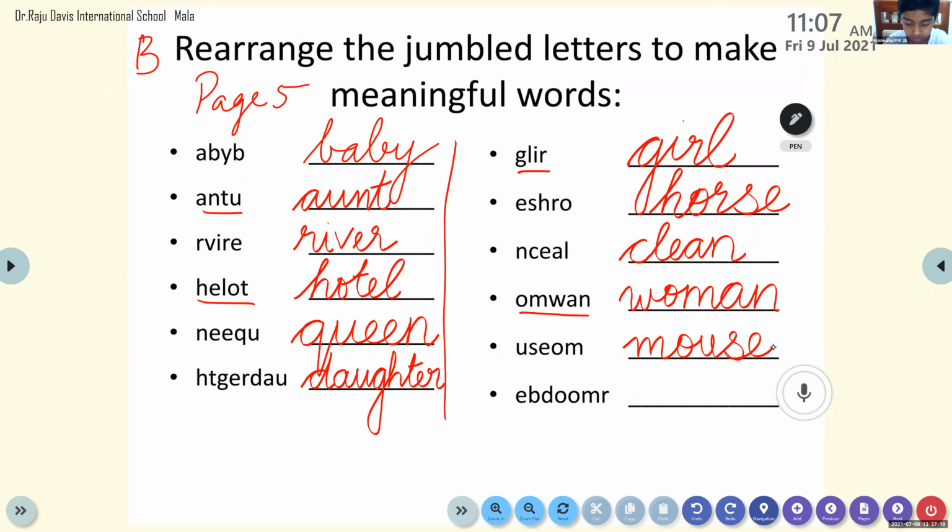Bedroom, very good. Bed is a one-syllable word, so we can break this word into two parts. It is bed, room. R-O-O-M, bedroom. All of you, please do write it. Yes, see that you complete your work.